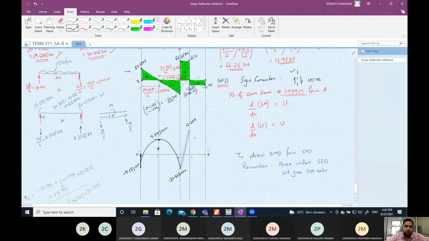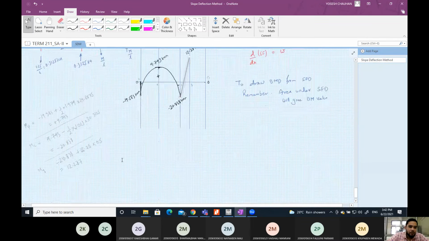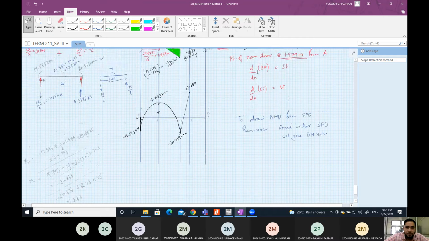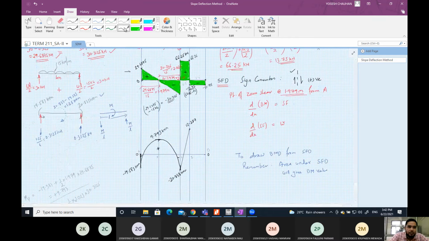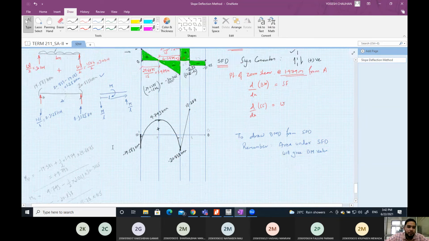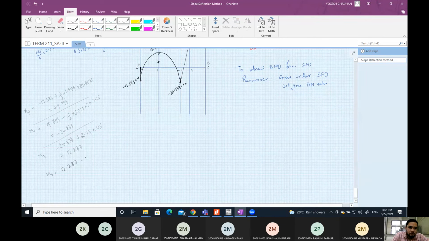Okay. Now the bending moment at B point, MB, will be equal to this value 12.287, then this area is actually negative, so it will be 13.75 into 1.5 minus 13.